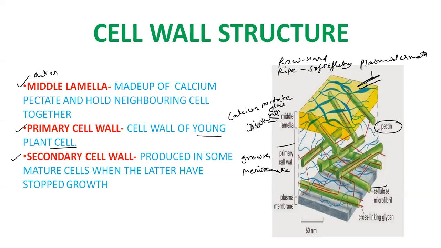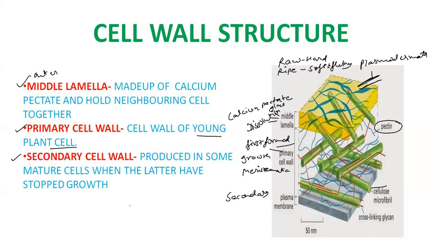Now, this primary cell wall is the first formed cell wall. And after this, when the plant becomes mature, the growth stops. Then secondary cell wall is produced in mature cells where growth is stopped.